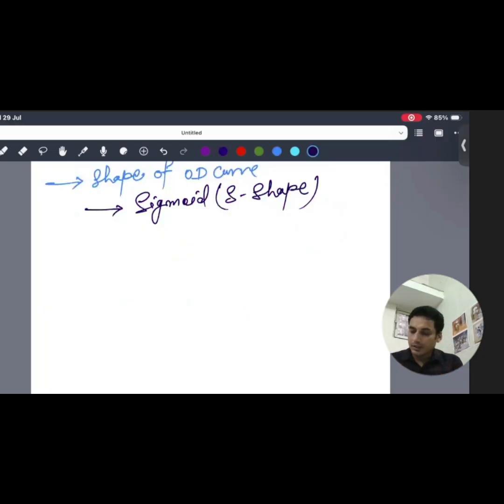O2, then this type of graph. Suppose you take here the y-axis, and this is the x-axis. Then we draw this graph in an S shape. This S-shaped graph is known as the oxygen dissociation curve graph, the OD curve.